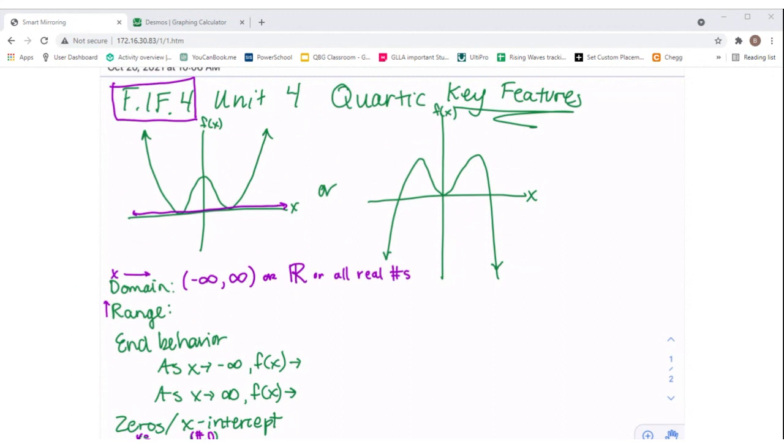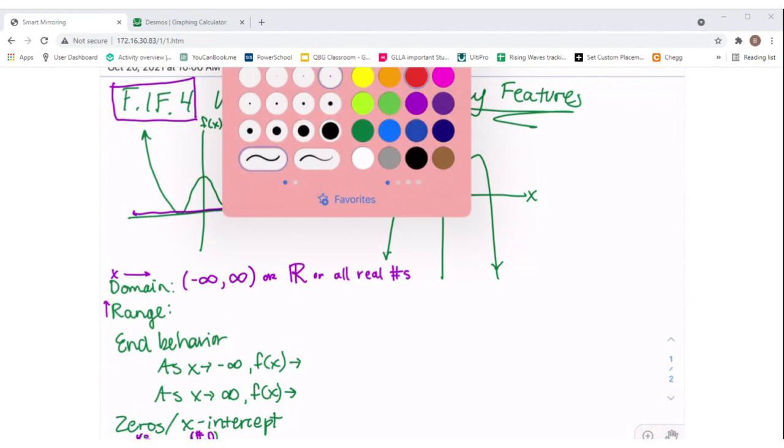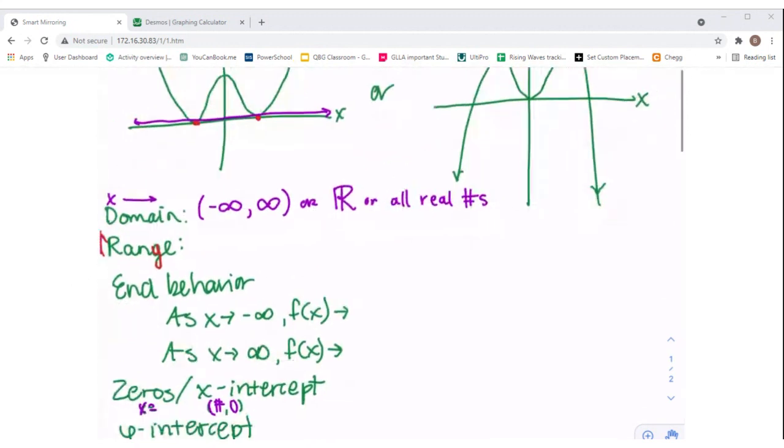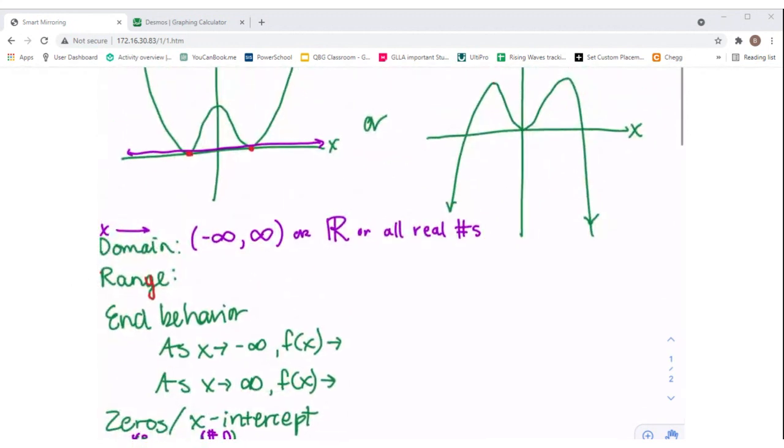The range goes from the bottom to the top, or you describe it from the bottom to the top. So I'm going to change color even. As we're going from the bottom to the top, with this one, the smallest Y value, because it's the Y's, I'm going to put a Y right there so it kind of looks like a Y with that. As you're looking at the bottom of those, or if you're looking at the top of these, then that's the maximum or the minimum, and you're going to talk about from the bottom to the top.